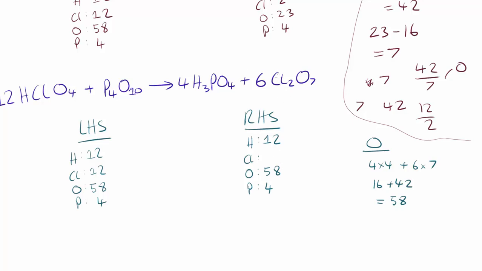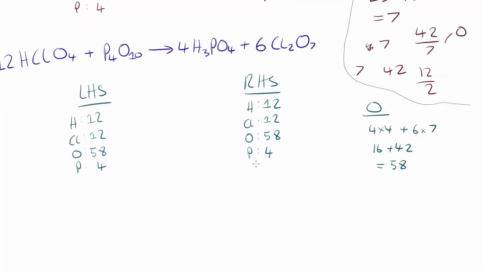And for chlorine, we've got 6 times 2, which of course we know to be 12. So now let's compare the left-hand side and the right-hand side.